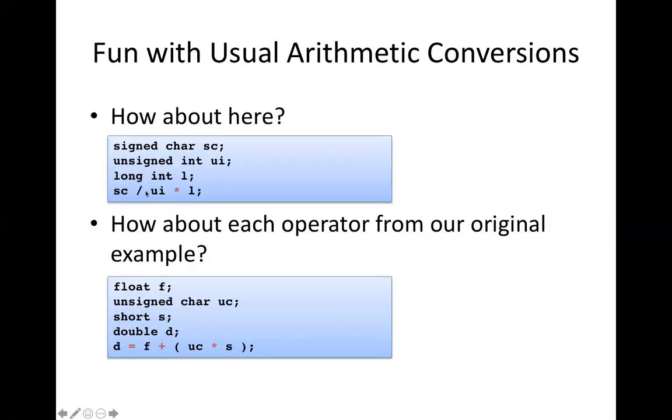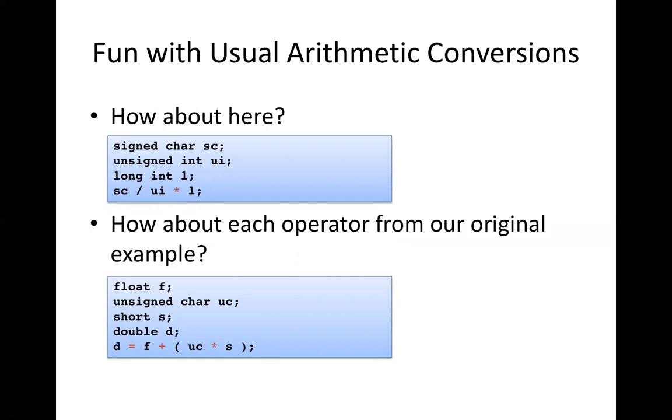Here, I've got a divide and a multiply. These operators have the same precedence, so they're going to evaluate left to right. Signed char divided by unsigned int. Well, it's going to bring signed char all the way up to int, but now I've got an int divided by an unsigned int. They're the same rank, so it's going to favor the unsigned type.